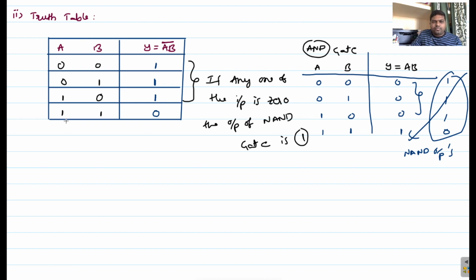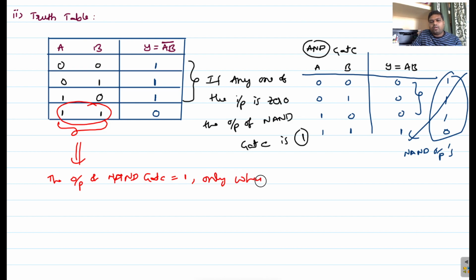And if you observe this fourth condition, the output of the NAND gate equals 1 only when both the inputs are high.